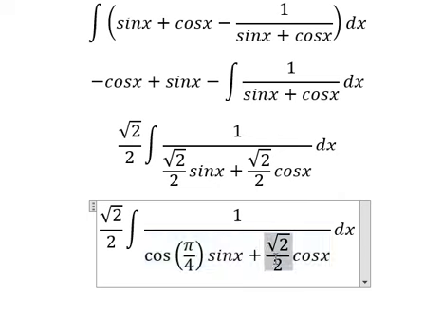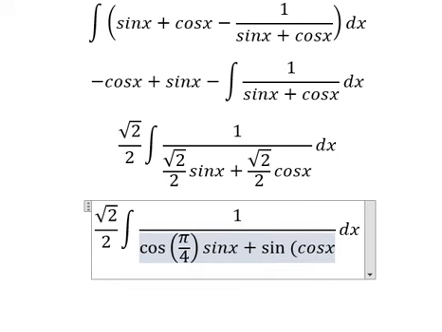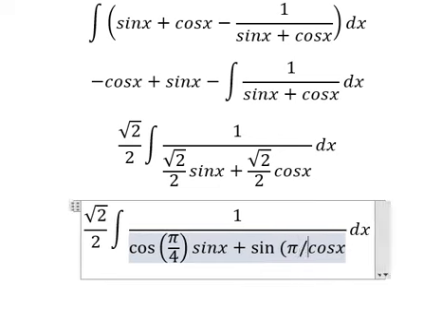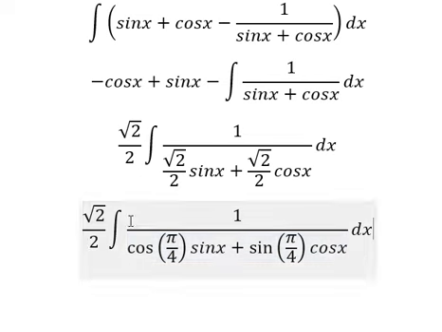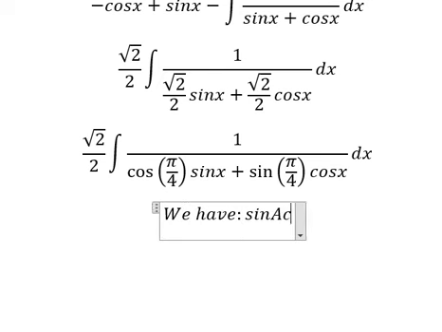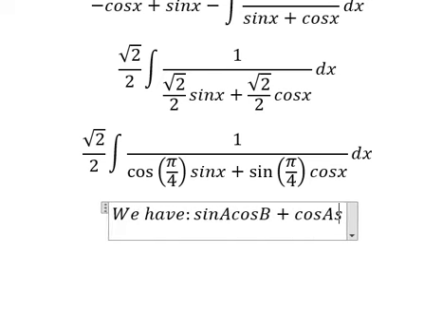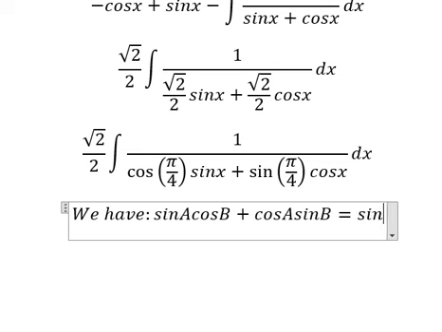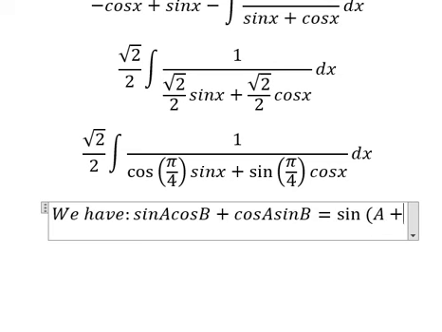This one is sine of b over 4. So we have the formula in here. And that is sine of a plus b.